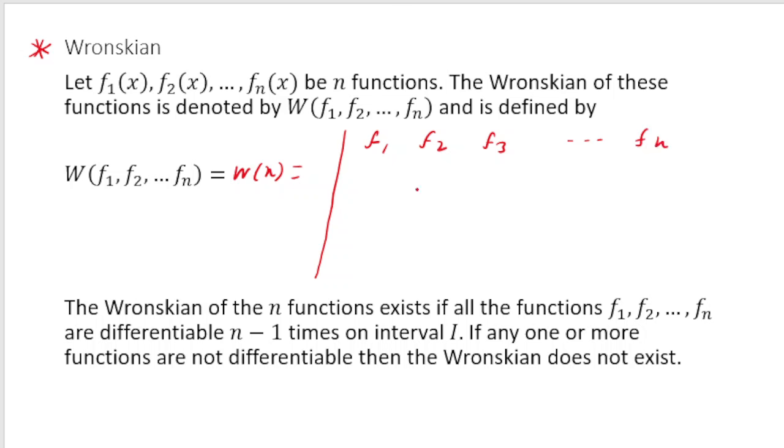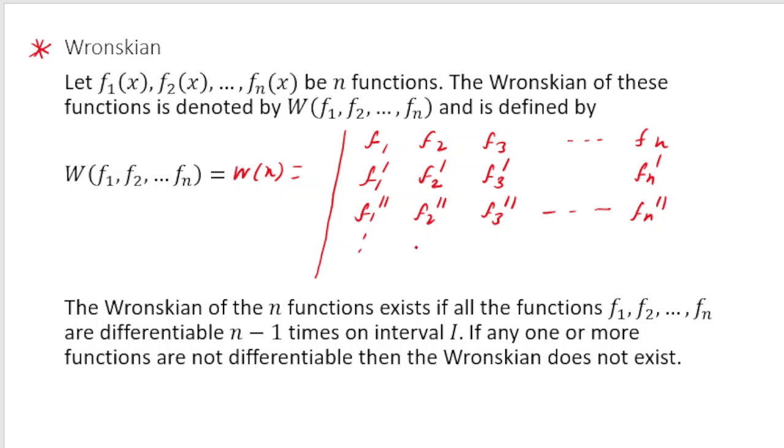In the second row, we take the first order derivatives: f1 prime, f2 prime, f3 prime, and fn prime. In the third row, I write the second order derivatives: f1 double prime, f2 double prime, f3 double prime, up to fn double prime, and so on.